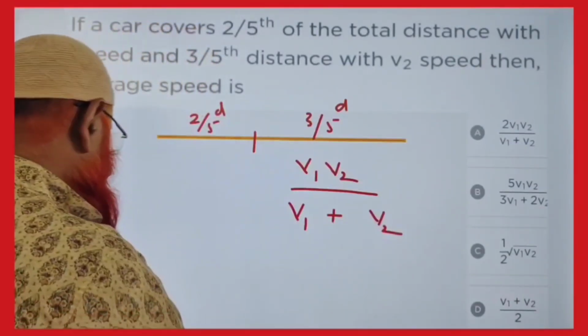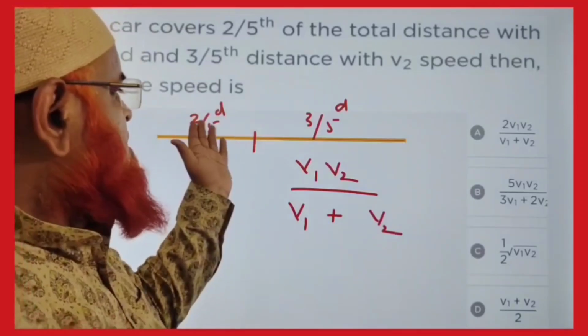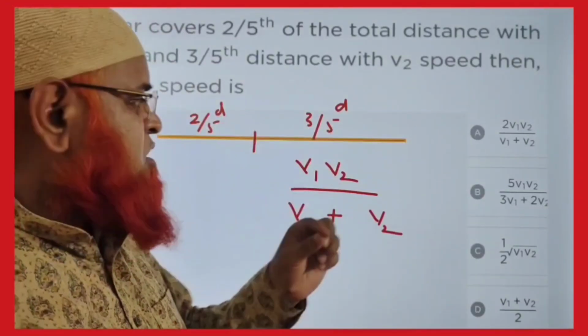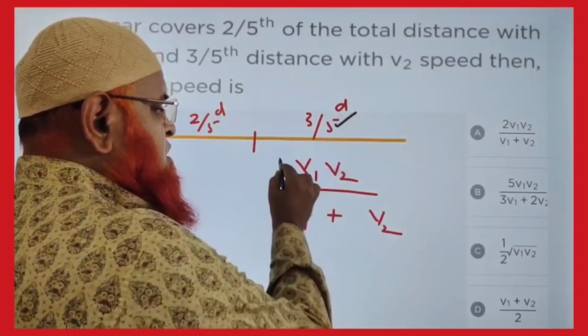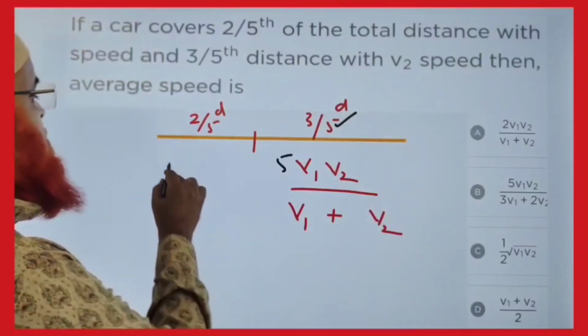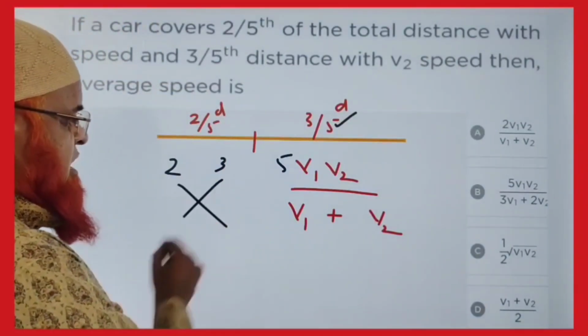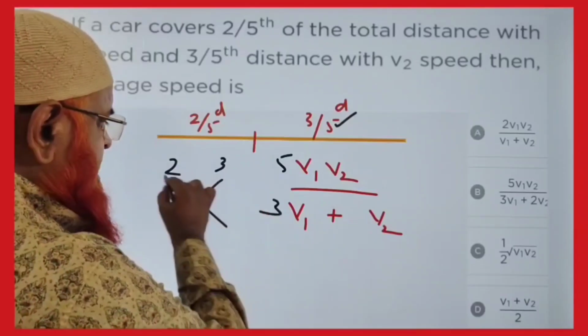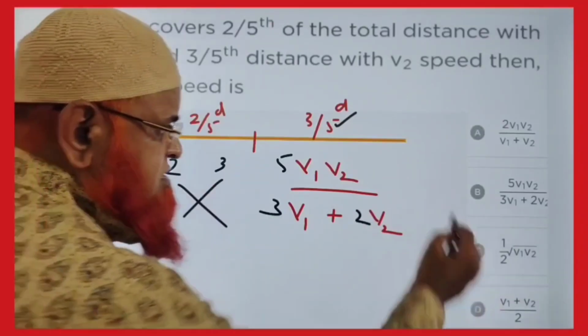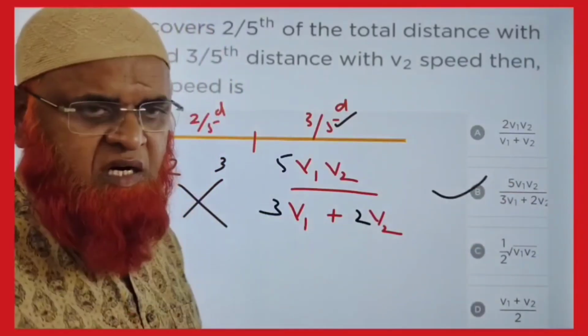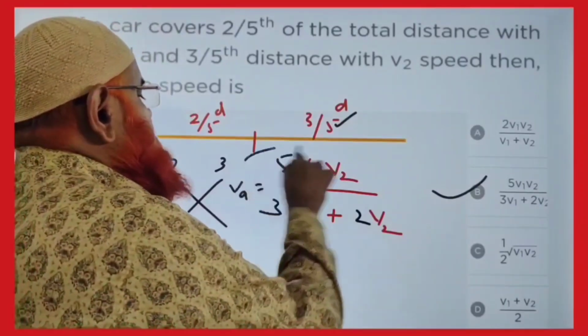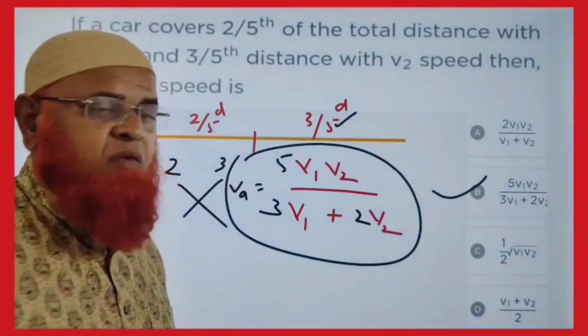The next thing you are going to do is, you know 2/5 and 3/5, so the denominator 5 you write in the numerator. Then 2 and 3 is there, crisscross. First you write 3 here and next you write 2 here. That's it. Your answer is ready. V average is 5V1 V2 by 3V1 plus 2V2.